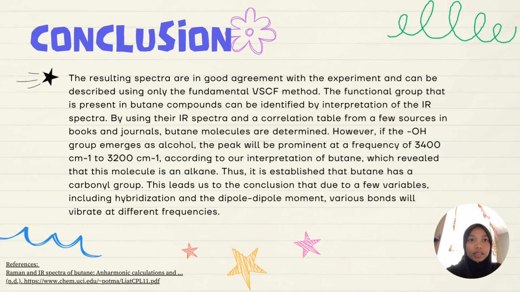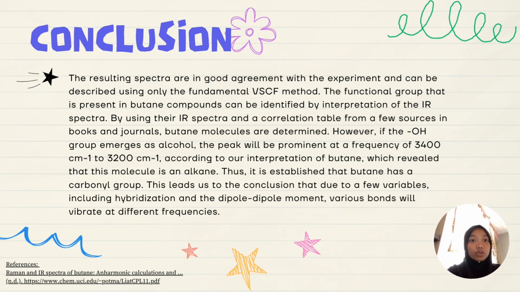In conclusion, the resulting spectra are in good agreement with the experiment and can be described using only the fundamental method. The functional groups present in the butane compound can be identified by interpretation of the IR spectra. By using the IR spectra and a correlation table from a few sources in books and journals, butane molecules are determined.